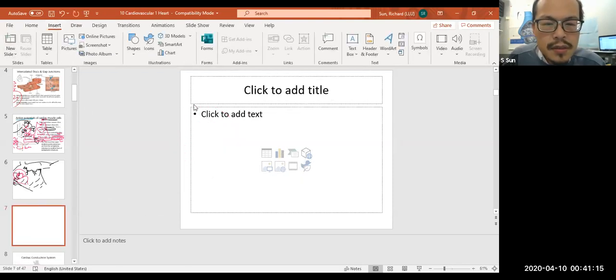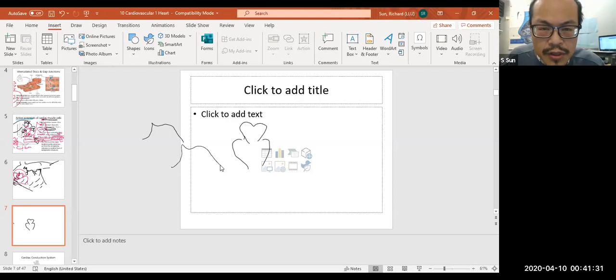Slide, okay. So we have the atrium and the ventricle. The atrium generates one action potential, followed by the ventricle generating another action potential. So the atrium action potential will be detected as a wave.